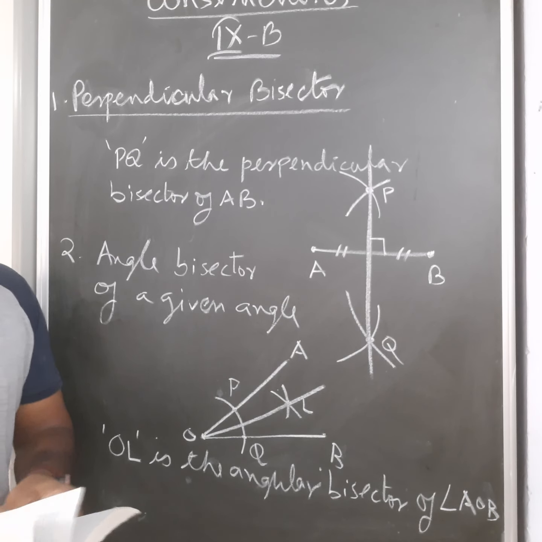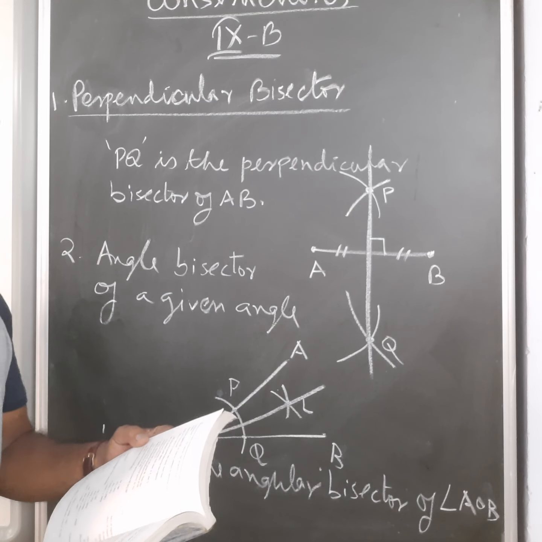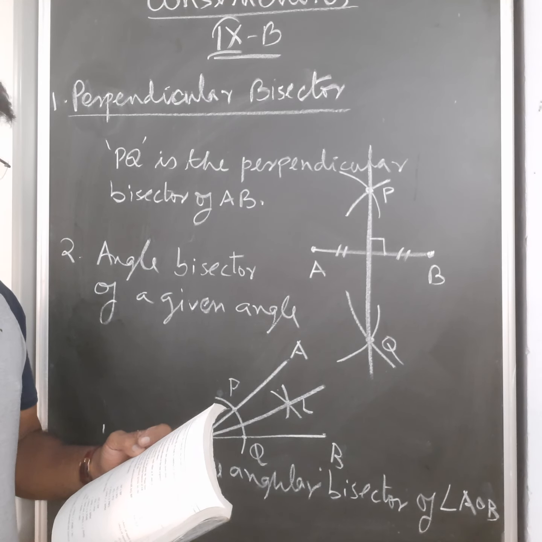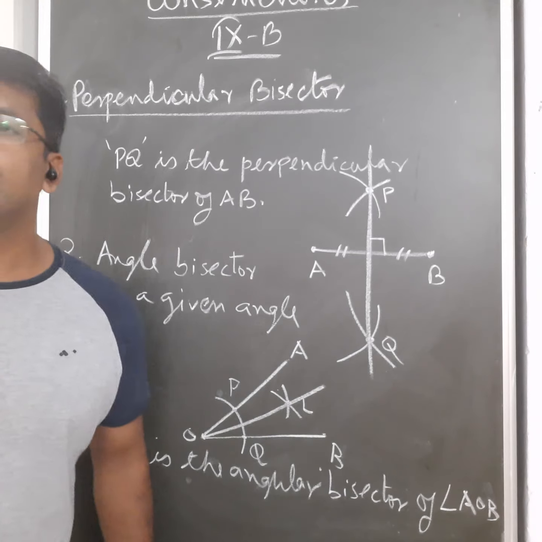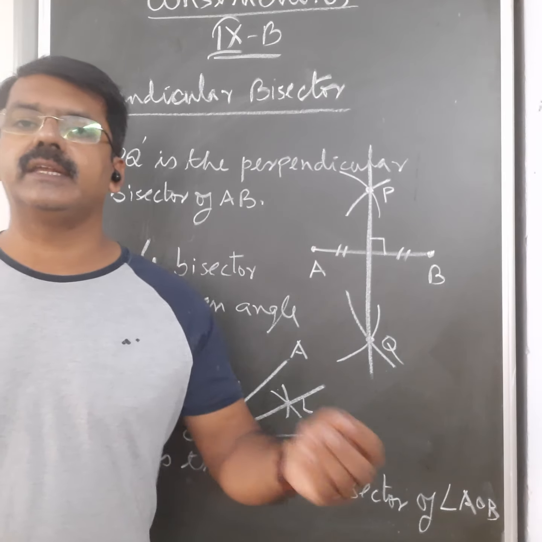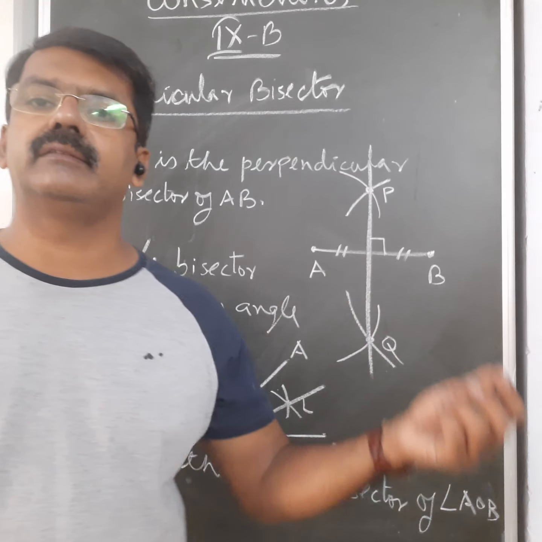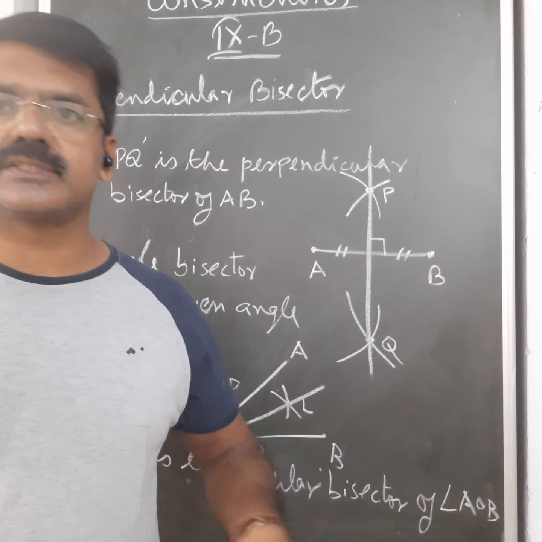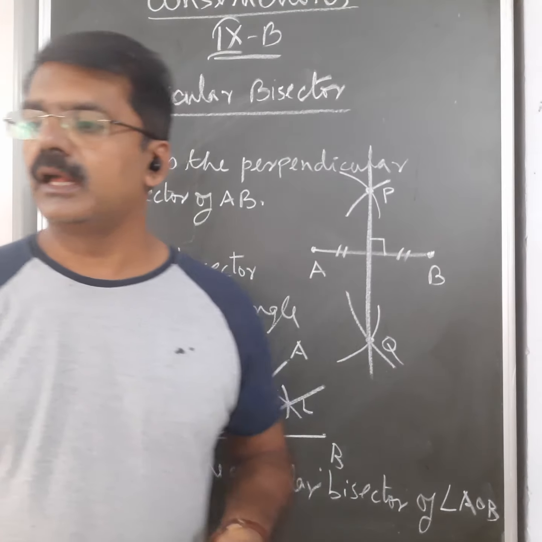Clear? So once you know how to make the angular bisector, now you can easily construct various angles like 90, 45, 60 degree, 30 degree and so on.